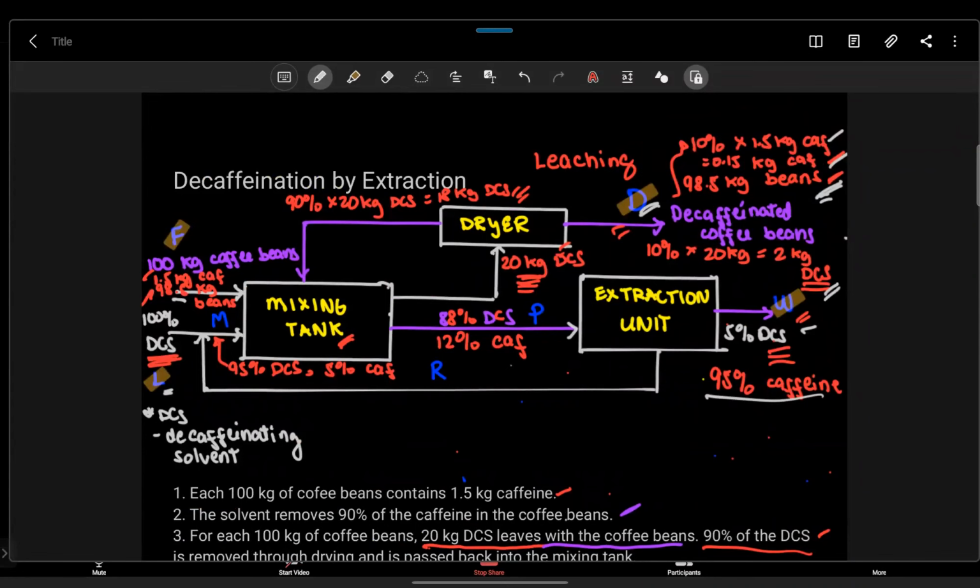So, si dryer, well, if we're going to check, meron na tayong na-solve na 18 kilogram na DCS, leaving it. Tama? And in the other outlet, alam na rin natin na ito yung composition ni D.